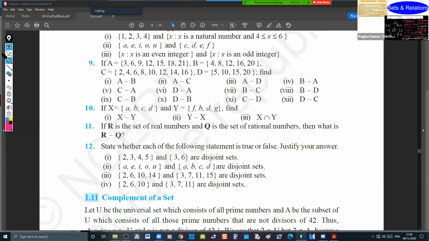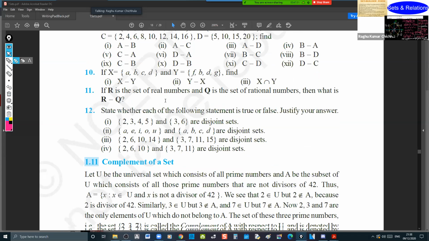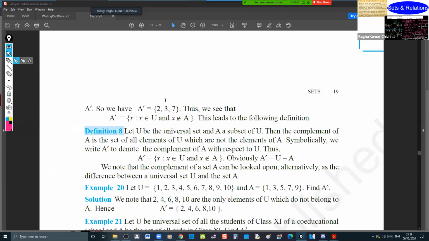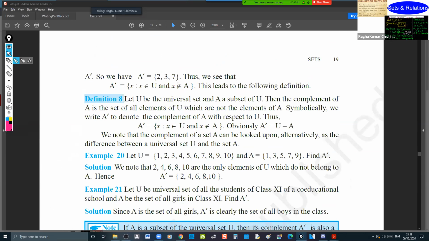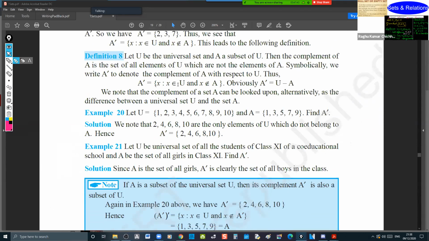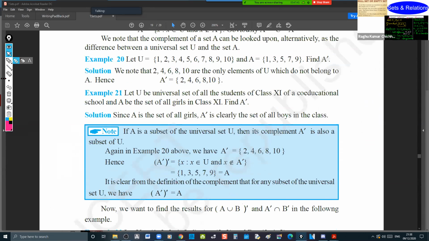Yes. That's it. Now, complement of a set. Complement of a set means not containing. A complement means not A. B complement means not B. That is very simple. I'll explain it like this.